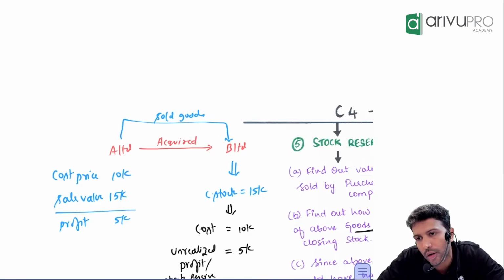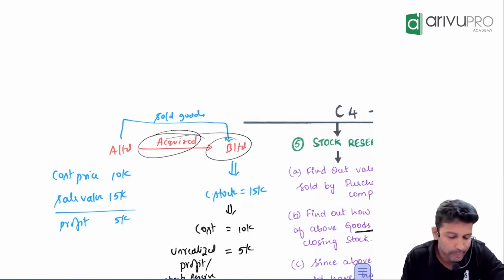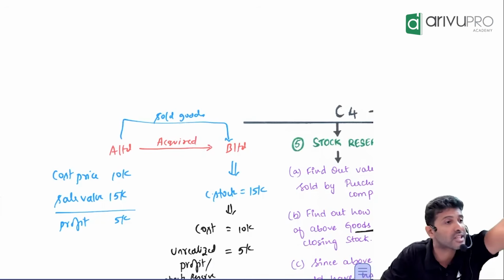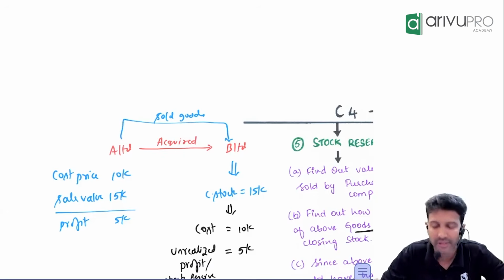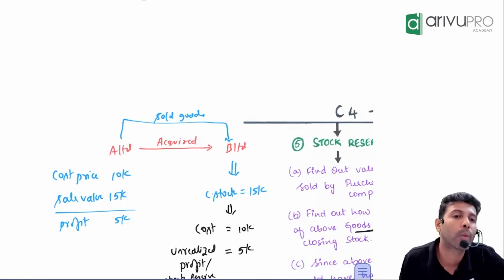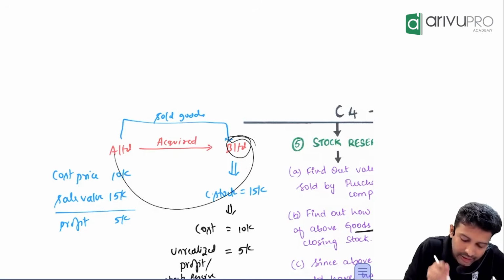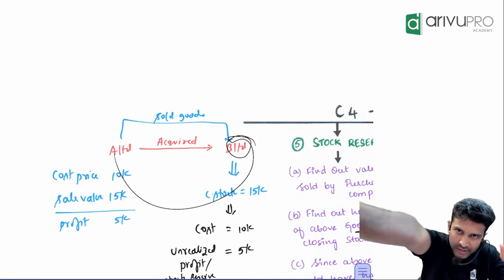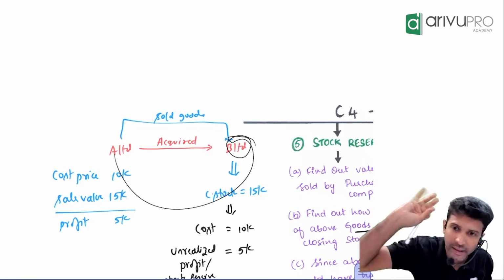So far, okay. Sir, A Limited now acquired B Limited. A Limited purchased B Limited. What will happen when A acquires B? B Limited's assets and liabilities now belong to whom? A Limited. Agreed. Because when you buy another business, that business's assets and liabilities now belong to the purchasing company.